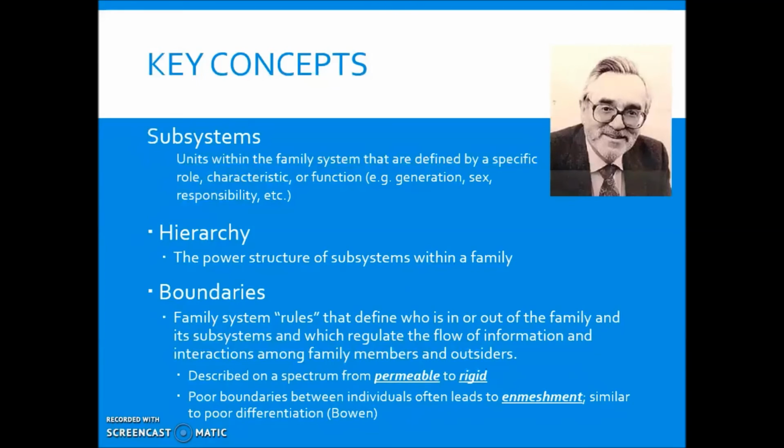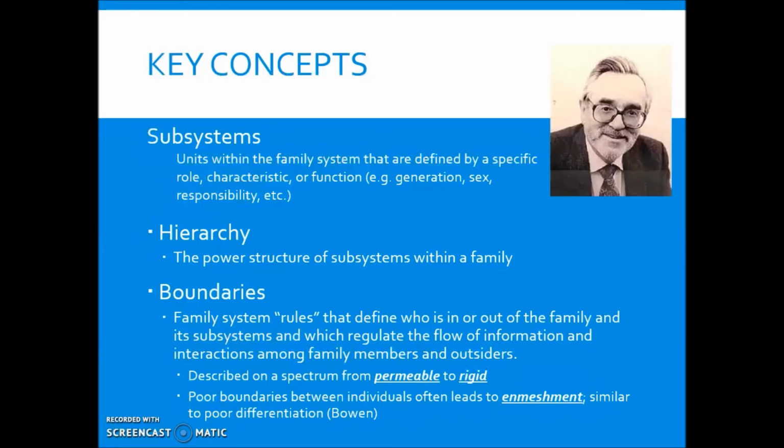So a family can have very loose, open boundaries where individuals within subsystems are able to kind of float back and forth between subsystems, and there's not maybe very much of a boundary around the family system itself. People come and go easily.